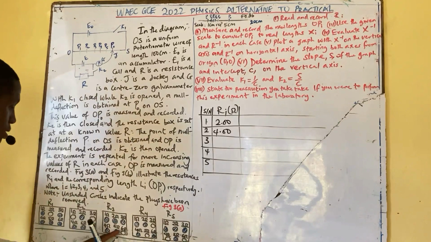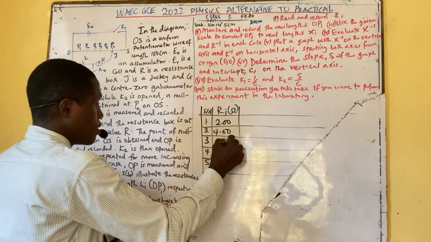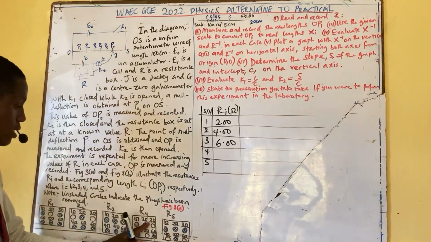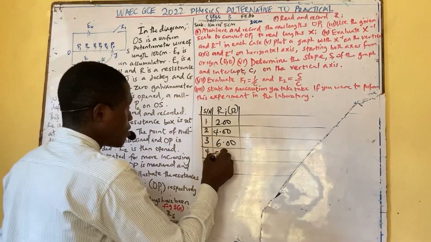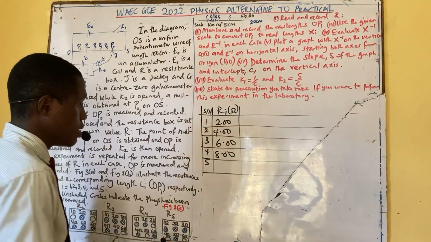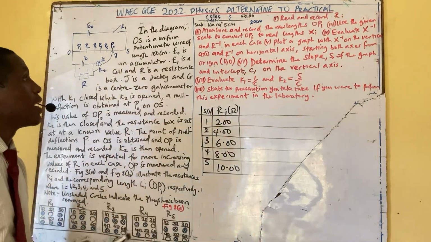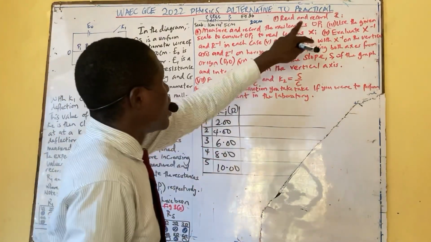This one is 6 ohm, the unshaded 6 ohm resistor was unplugged here. This one is 3 and 5, that is 8 ohm resistor unplugged here. And this one is 4 and 6, meaning that the 10 ohm resistor was unplugged here.